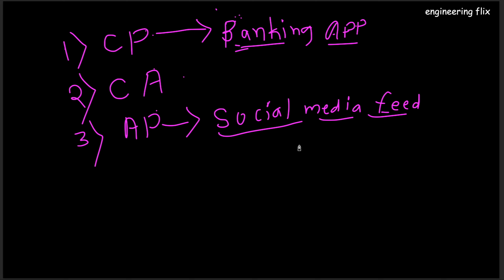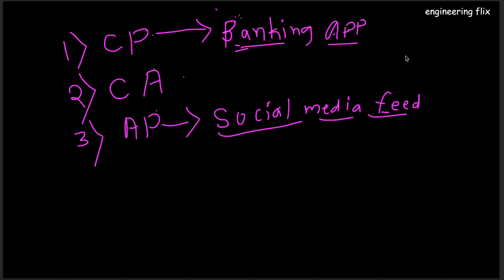In other words, it might not be consistent, but it will never happen that a user visits the profile of that celebrity and the page itself does not load or the response does not come. That is what we call availability. So availability is always guaranteed in this kind of social media app, and partition tolerance is definitely there.